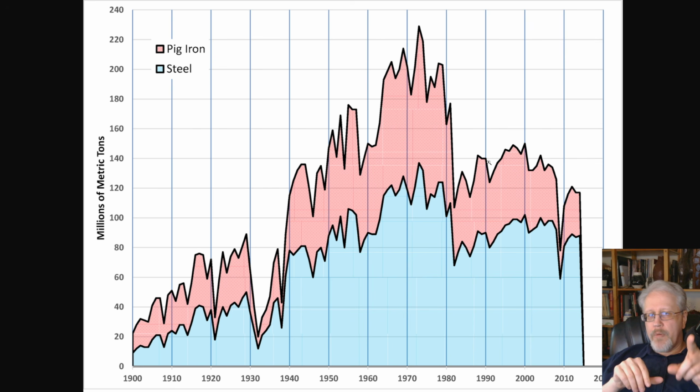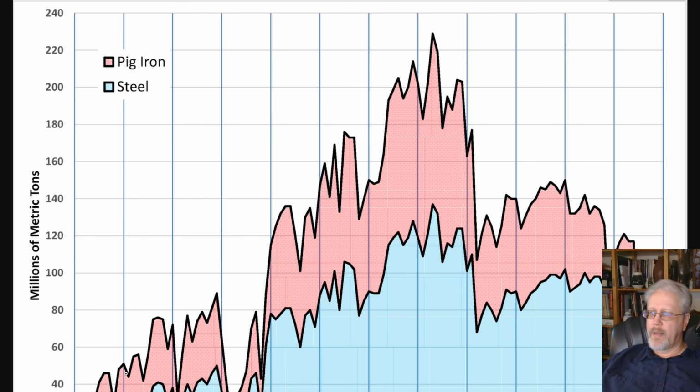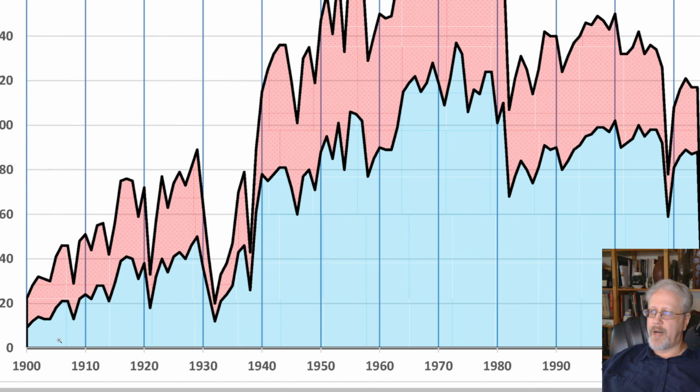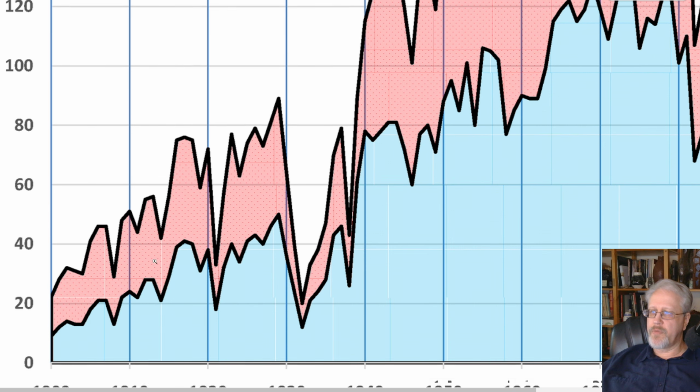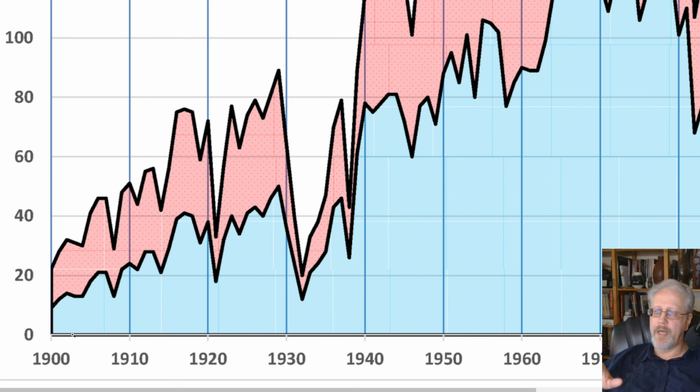And if you remember the population percentages, let's go down here to the bottom. We're just really interested in this part, 1900 to 1930. That's where we see the gain. Ignore the dip here for the recession. We get a pretty straight line approximation: in 1900 we've got about 10 million tons of steel and 20 million tons of iron being produced in the US.